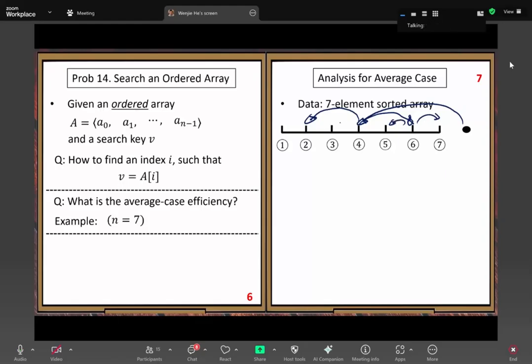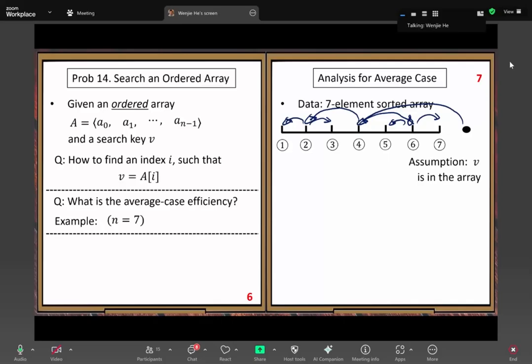But here we'd like to use a binary tree to show the structure of all these comparisons in different levels, so we can see better.